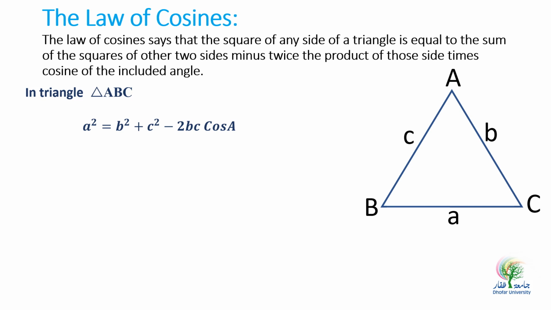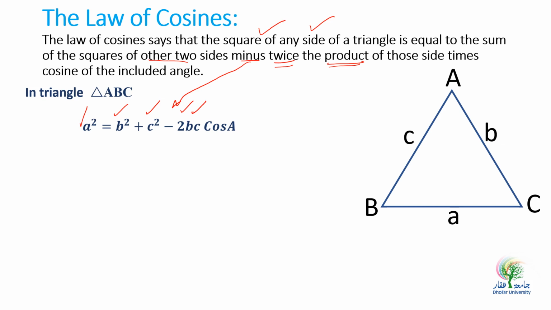So as you know, the square of any side, for example a square, is equal to the sum of the squares of the other two sides, b and c, square of b, square of c, and then minus twice, two times, the product of these two sides b and c, times the cosine of the included angle.